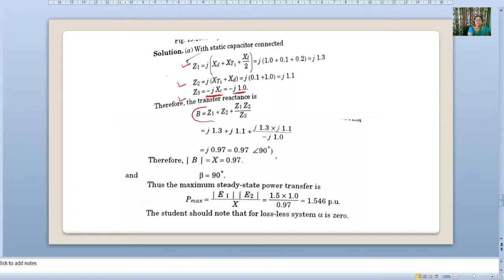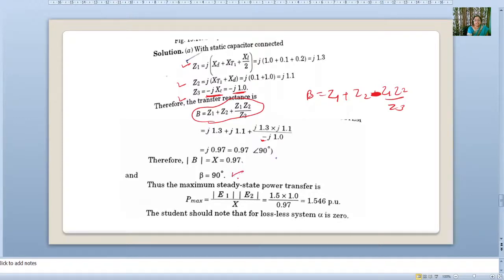So the transfer reactance will be X is equal to Z1 plus Z2 plus Z1 into Z2 divided by Z3. If the value of Z3 is negative, this term will become minus because of the capacitor.